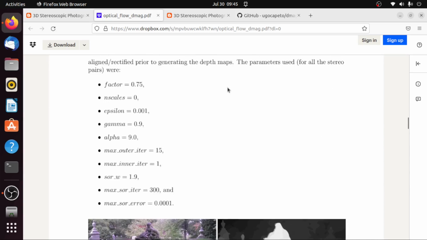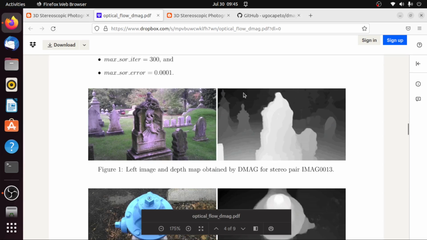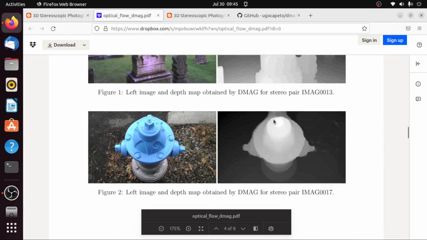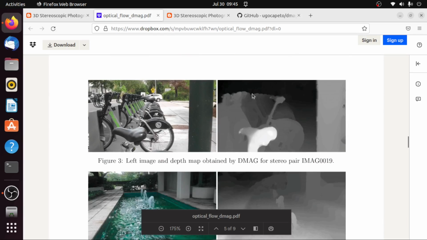Okay. So the results, they're okay. I mean, it's an interesting method. But you can see that sometimes it also depends on the alpha value, the smoothness weight. But I mean, you get interesting stuff.